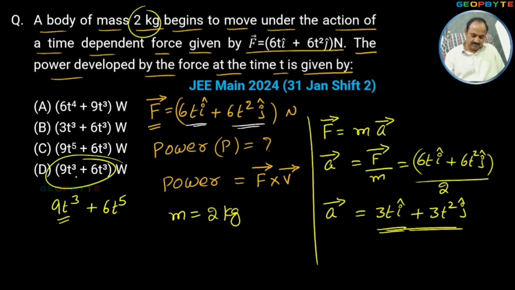If I take option D, 9 t cube plus 6 t power 5, D can be selected. Maybe a printing mistake. Understood clearly?